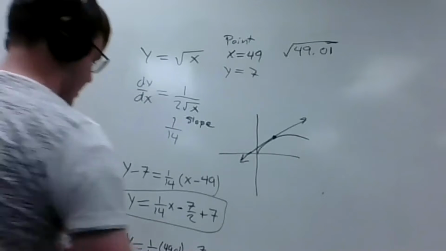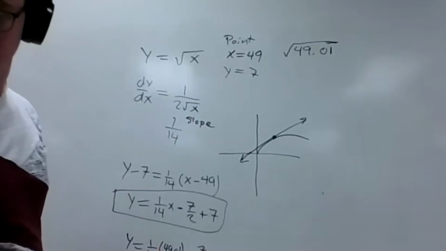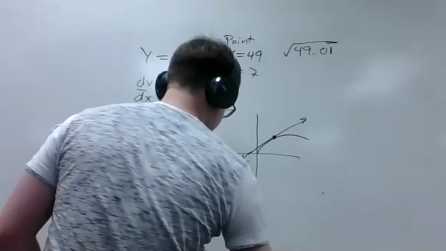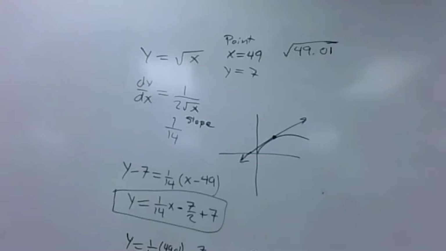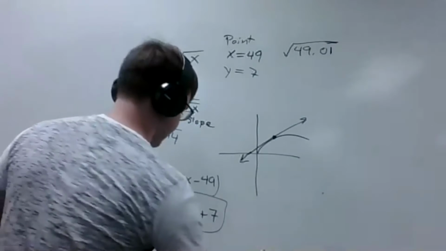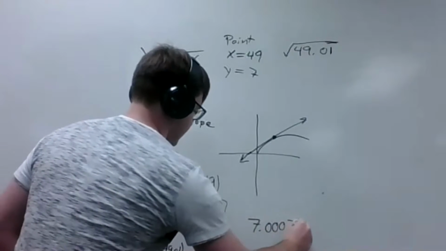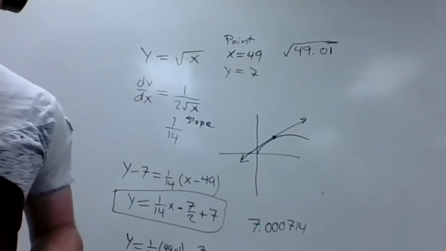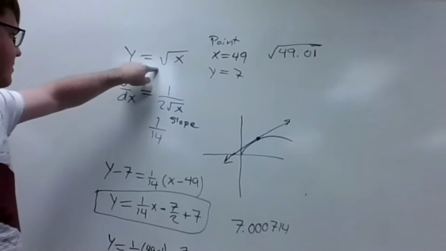So I got something like 7.00714. And if we just take the square root of 49.01, we come out with the exact same answer.